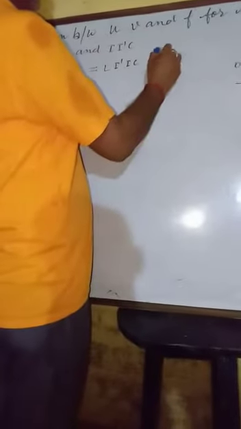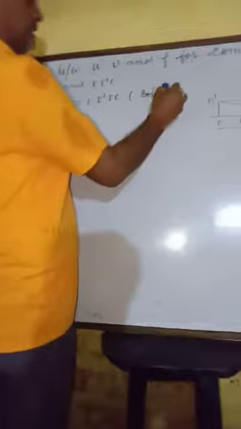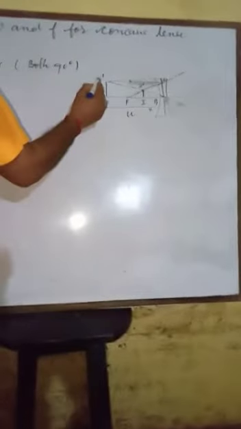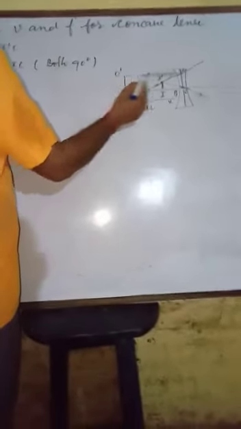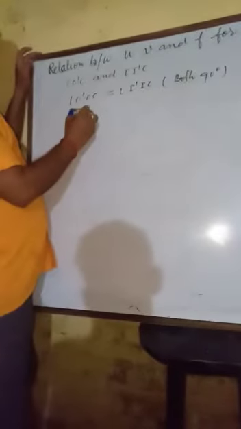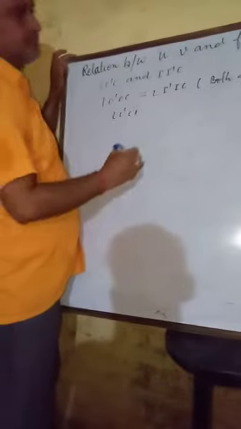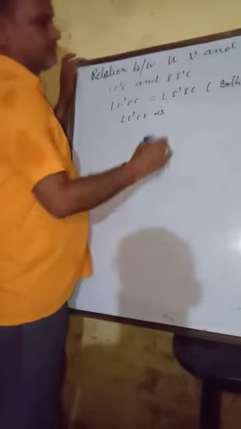Why? Because both are 90 degree angles, and in both triangles angle O dash CO is common.